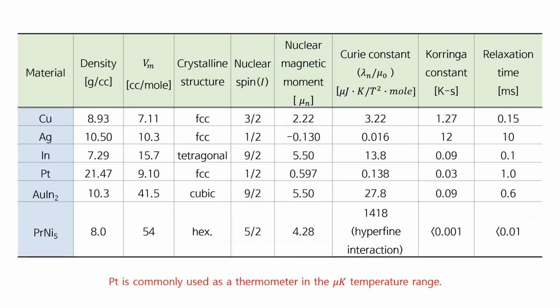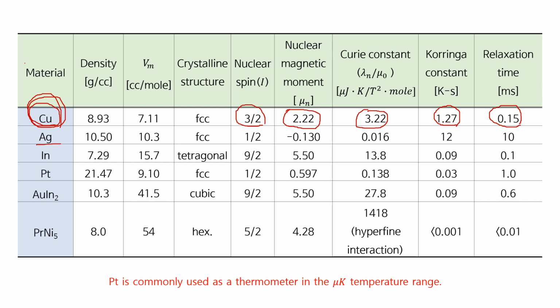This slide shows a table for the refrigerants in nuclear demagnetization cooling. So copper is the mostly used refrigerant. It has nuclear spin quantum number 3/2, a relatively large nuclear magnetic moment, a large Curie constant, a small cooling constant, and a small reaction time.